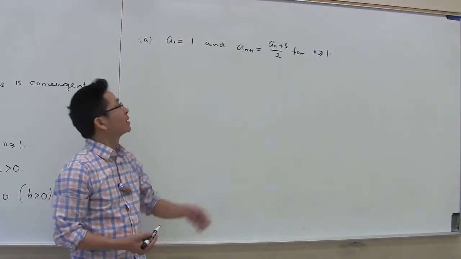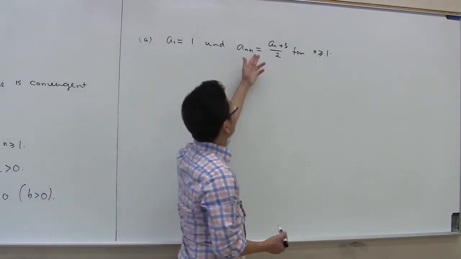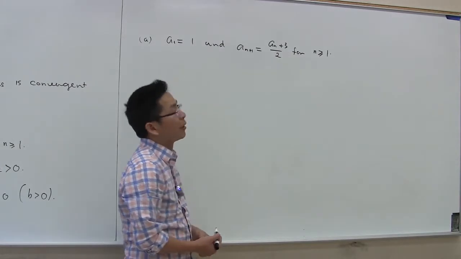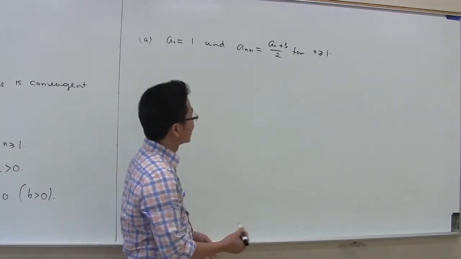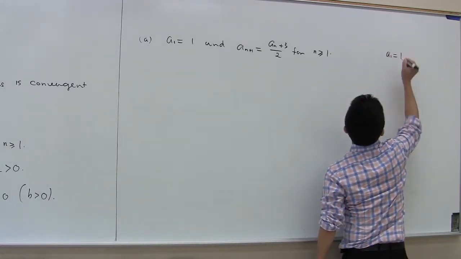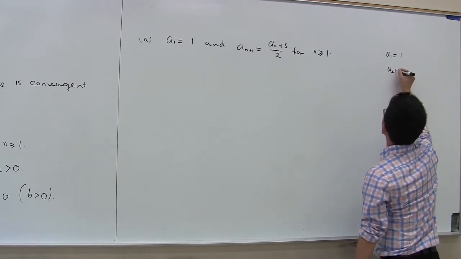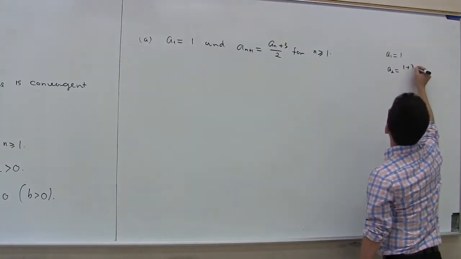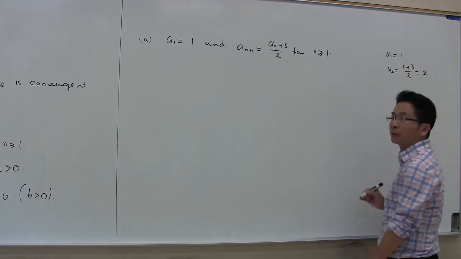In the first part, the sequence is given by a1 is equal to 1 and a_{n+1} is equal to (a_n + 3)/2 for n greater than or equal to 1. Let's try to find some elements of this sequence. For sure, a1 is equal to 1. What about a2? a2 is equal to (1 + 3)/2, so a2 is equal to 2.